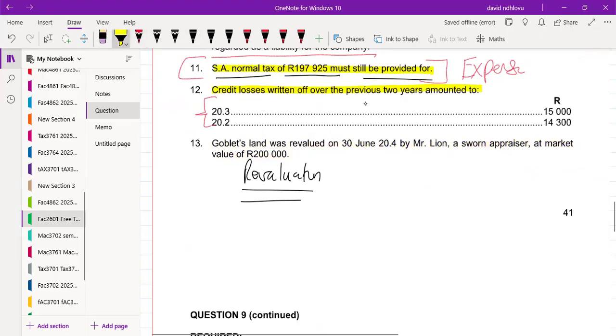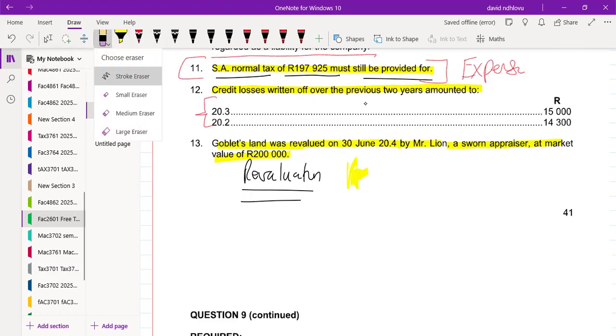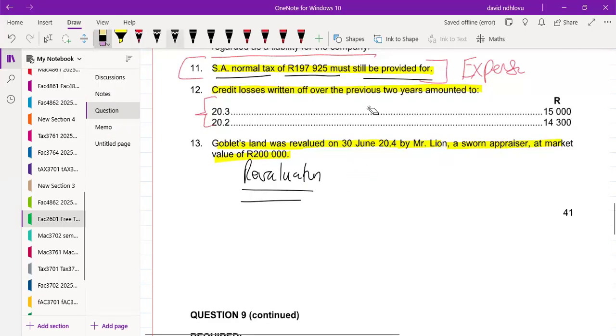They said Coplet's land was revalued on 30 June 2024 by Mr. Lyon, a Son appraiser, at a market value of 200,000. So this is the revalued amount. They didn't mention any cost of sale, so you assume that we can realize the full 200,000 on the value of our land as of the current year.